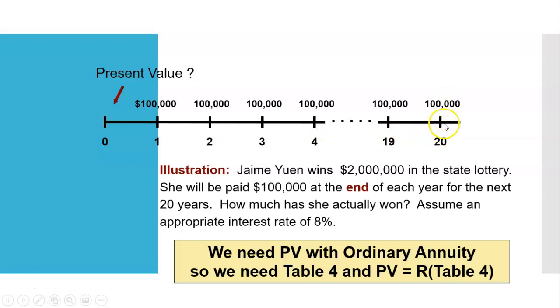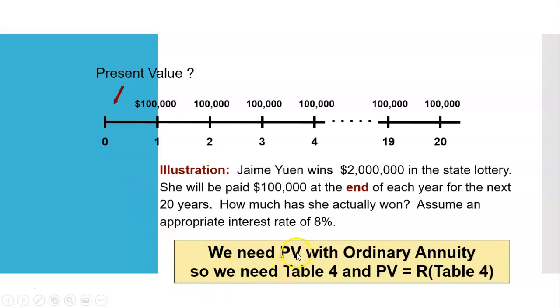But the 100,000 that she gets 20 years from now is not worth today what the 100,000 that she's going to get 1 year from now is. Okay, and so we want to know what the total of all these 100,000s is worth today. If they handed us one lump sum, how much would it be?